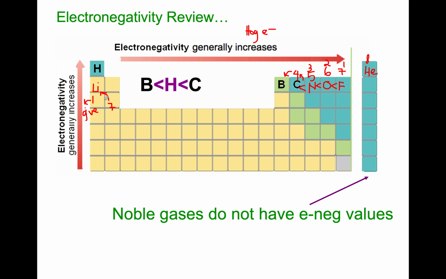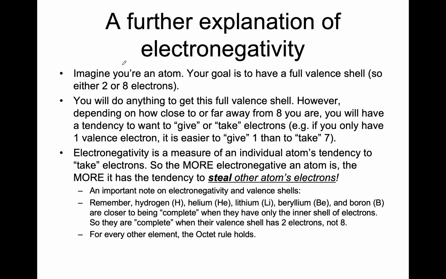And it's not going to want to get 7 because that's way too hard. So if it wants to give this electron, it obviously doesn't want to hog electrons. So lithium is not very electronegative. In fact, it's like the opposite of electronegative. Okay, hydrogen is kind of a special case because it can either give or it can take in order to be sort of complete. We'll talk more about that later.